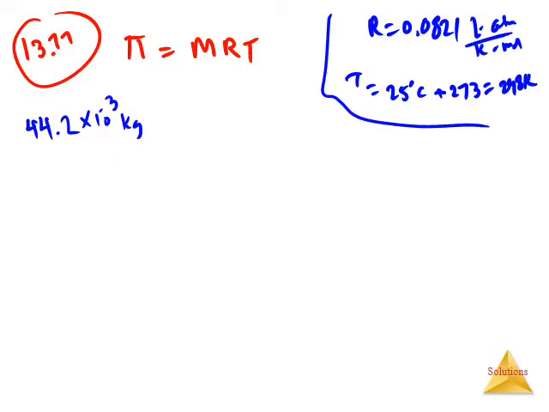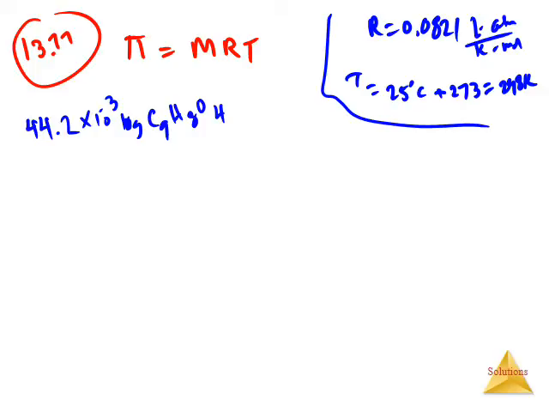I'm sorry, they gave you milligrams, so it's going to be gram. And they gave you the formula C9H8O4. You know how to go from gram to mole by looking at the periodic table and adding all the masses.